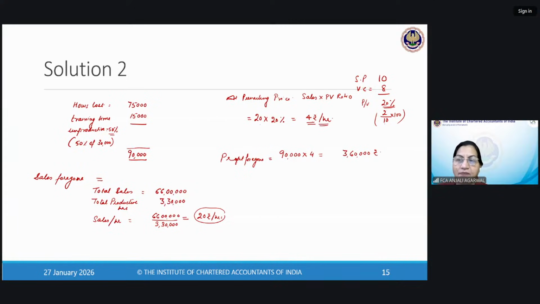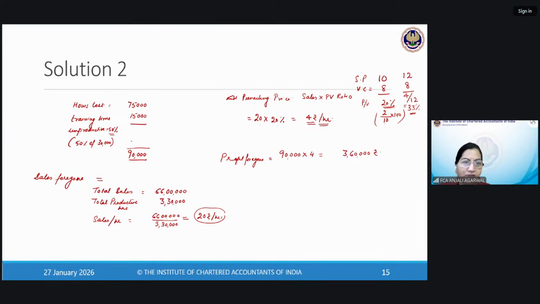Why at the prevailing price we are saying, why is it important? Let's change the selling price to 12. Let's keep the variable cost at 8 rupees. Now the profit or contribution is 4 on 12. So your PV ratio has changed from 20% to 33.33%, right?